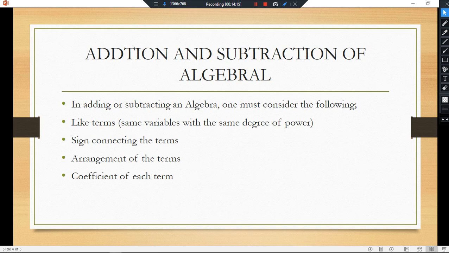1, we should first know the terms which are like. Like terms are simply variables which are the same and have the same degree of power, or the same power.